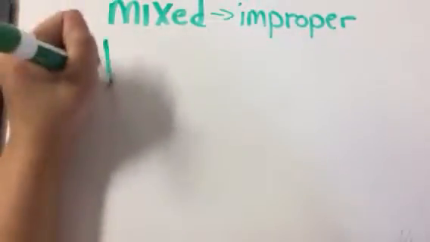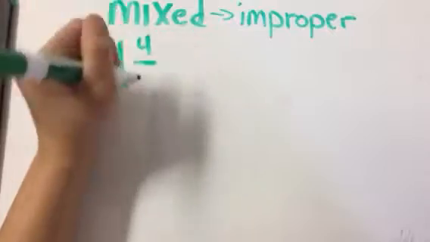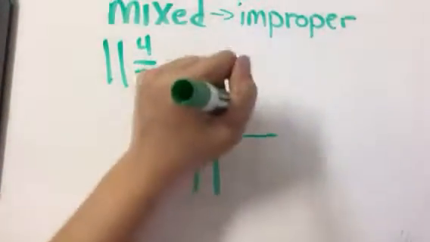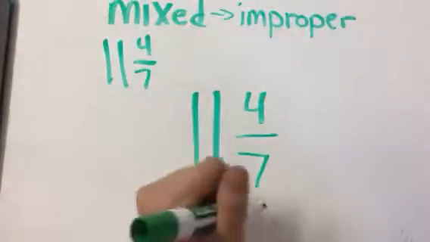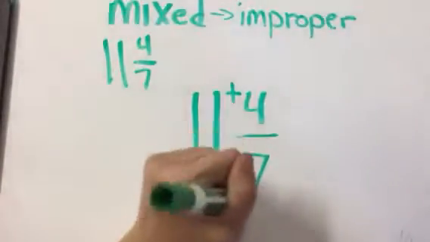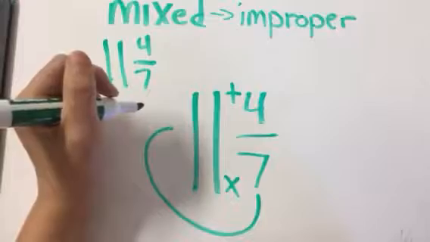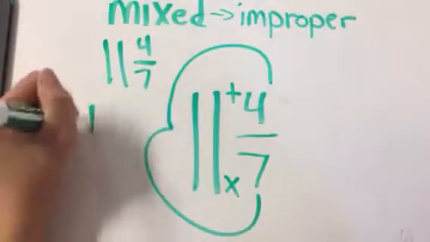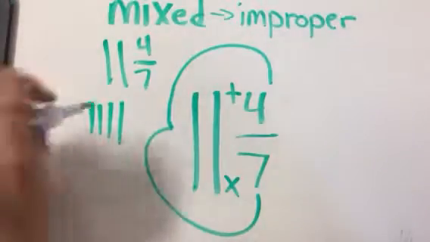Let's try 11 and 4/7. 7 times 11 is 77, plus 4 is 77, 78, 79, 80, and 81.